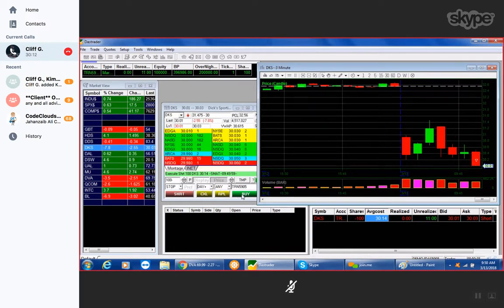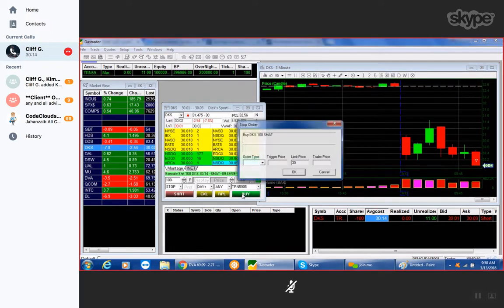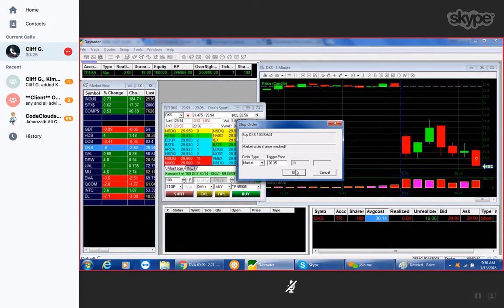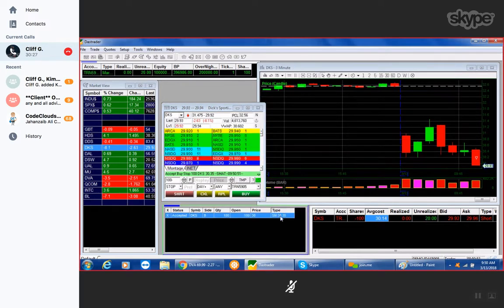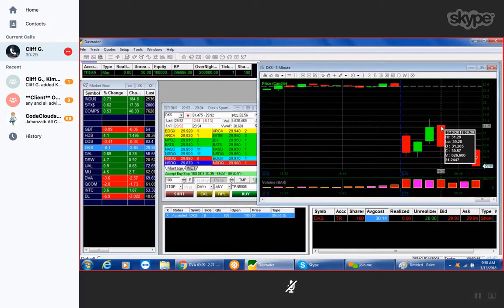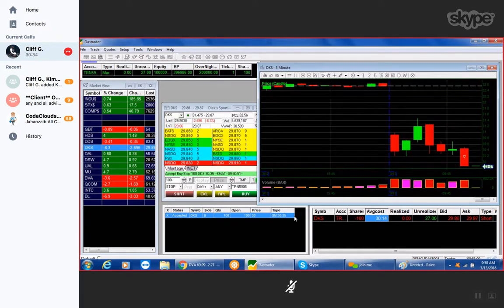I'm going to put it on stop, and tell the platform to buy this position back for me. I'm going to go above this candle, 30.29, and say, okay, get me out at 30.35 if that happens.